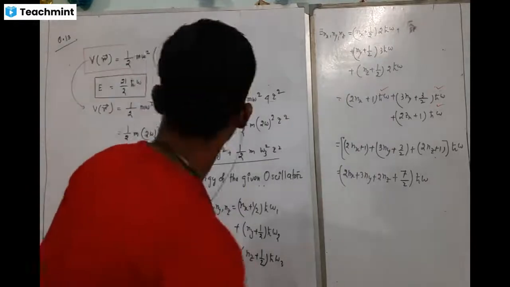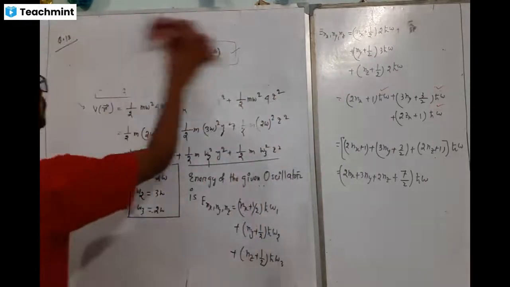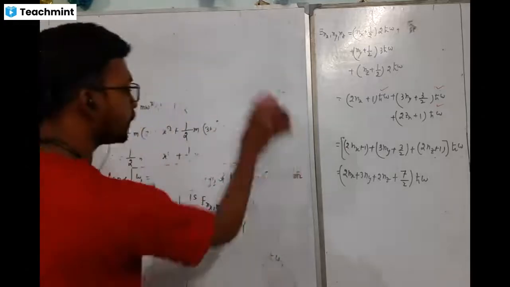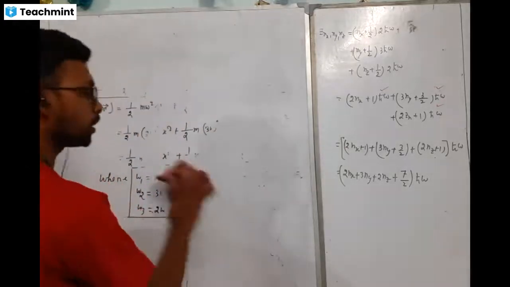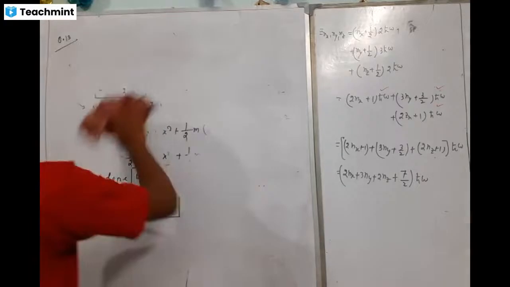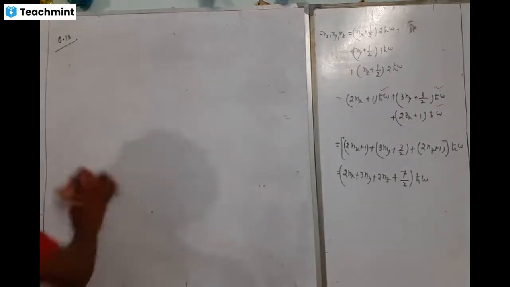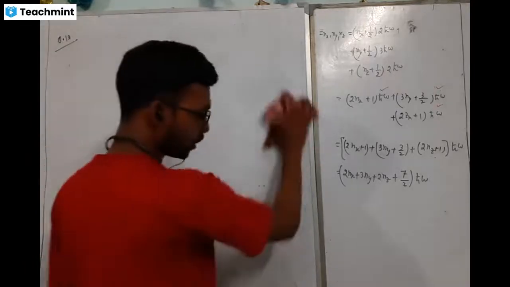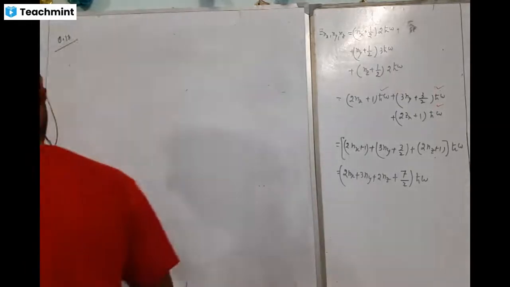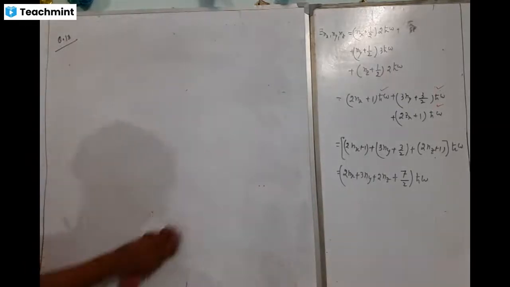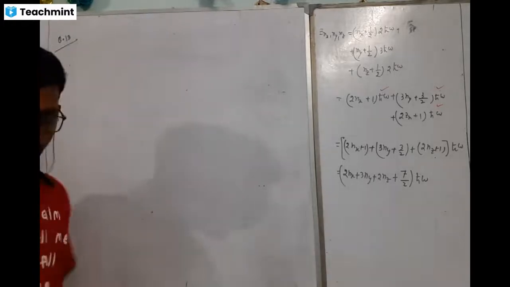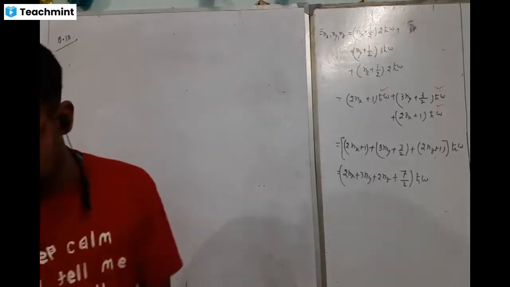Okay, that's fine. So now we can compare the energy expression with the given energy value. Basically, this energy is given in the question, and this energy is nothing but 21 by 2 h cut omega. So the given energy is compared with these energy levels.